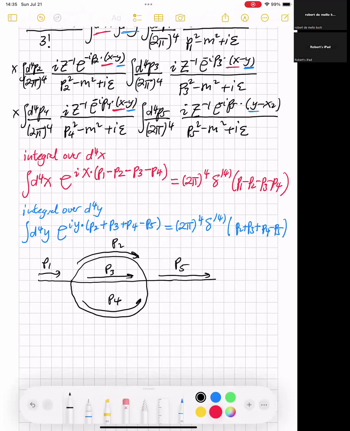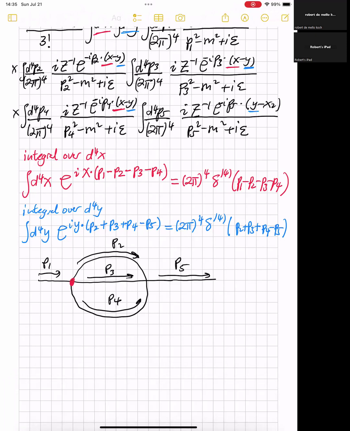Now, at this vertex over here, the one that I've colored in red, if we want the conservation of energy momentum, I'll write energy momentum as P mu, that tells us the momentum flowing into the vertex, which is P1, must be equal to the momentum flowing out of the vertex, which is P2 plus P3 plus P4. And this must be the case for every component of the 4 momentum.